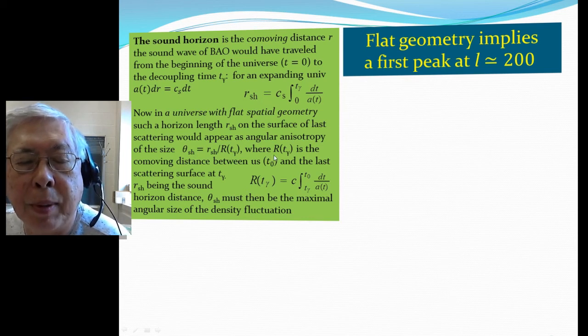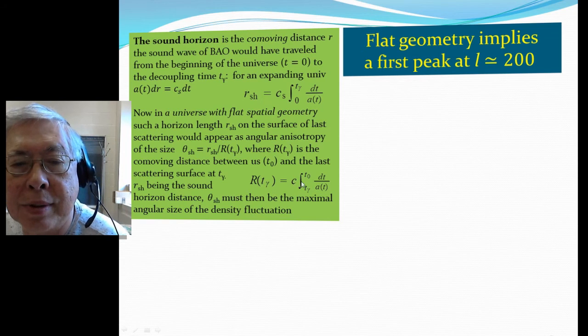So big R sub t is the co-moving distance between us and the last scattering, which is traveled by CMB light, so c, from last scattering to us at time now.